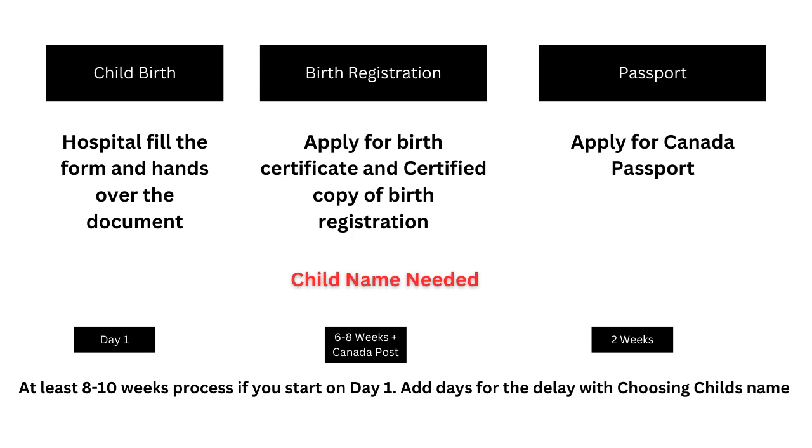It's chargeable and it takes 6 to 8 weeks plus the time Canada Post will take to deliver it to you. So you'll have to keep this in mind, and you can only initiate this once you have the child's name. Then once you have this and you initiate the passport, that is another at least 2 weeks. To get baby's passport, it will take 8 to 10 weeks as a process if you start from day one.